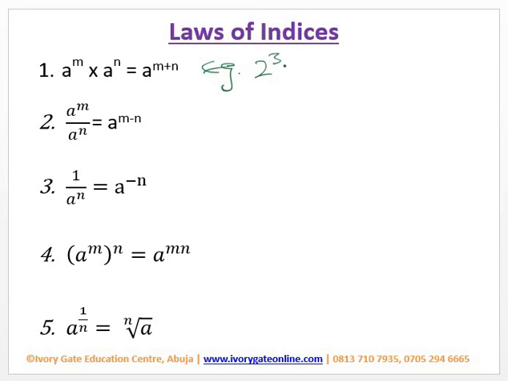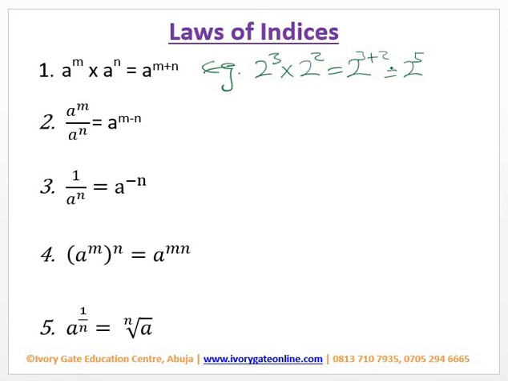Example. 2 raised to power 3 times 2 raised to power 2 is equal to that common base 2 raised to power 3 plus 2, which means 2 raised to power 5.